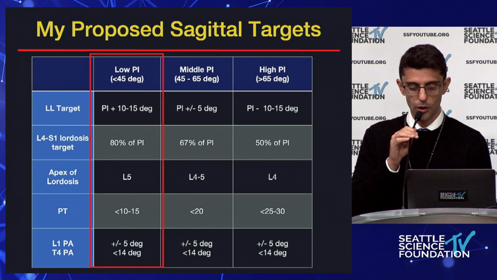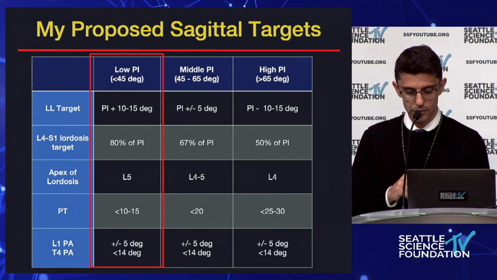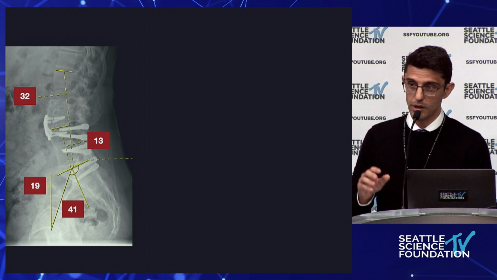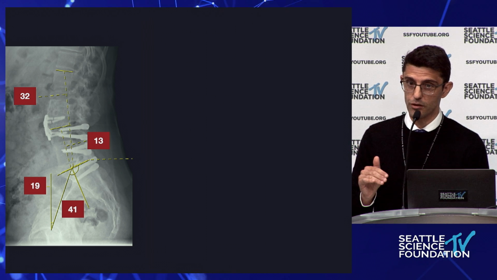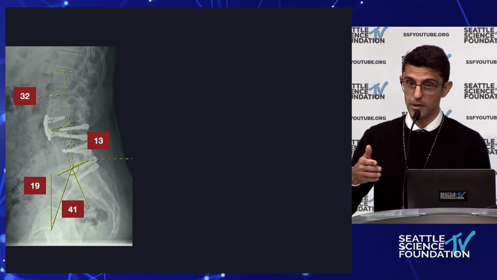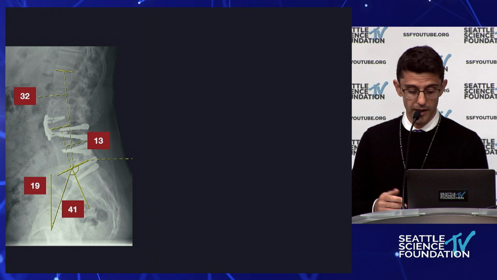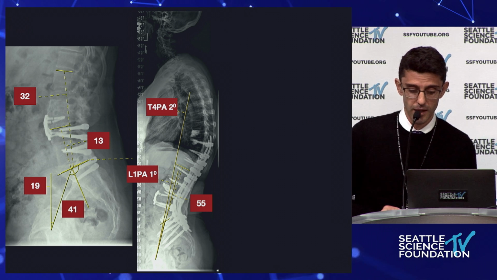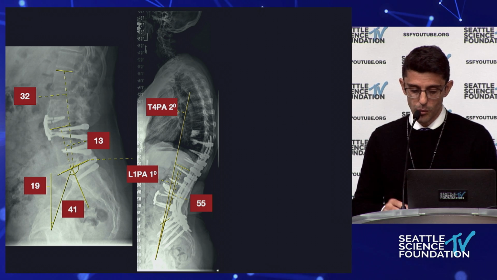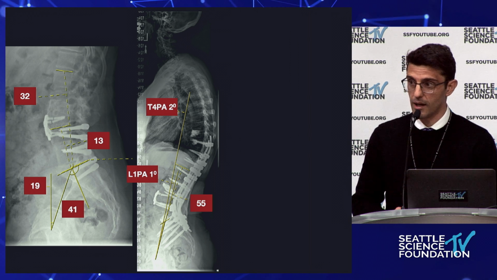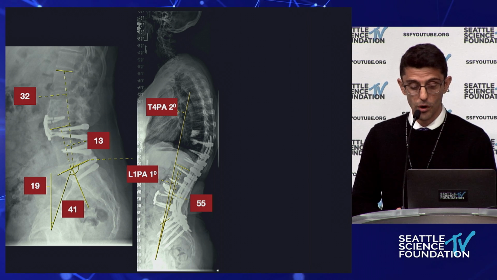So again, low PI patient, these are my targets. And in her, because really the major issue here is L4 to S1 lordosis, restoring her shape, she needs an apex lordosis at L5. We ended up doing an L5 asymmetric PSO, extending up to T10. And with our sagittal global alignment parameters, we restored her T4 PA, L1 PA to our goals.